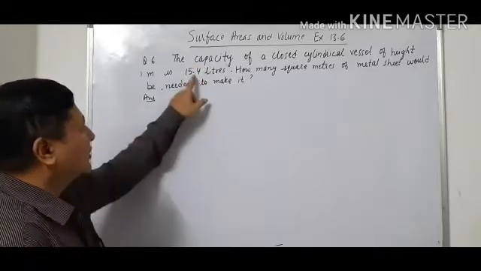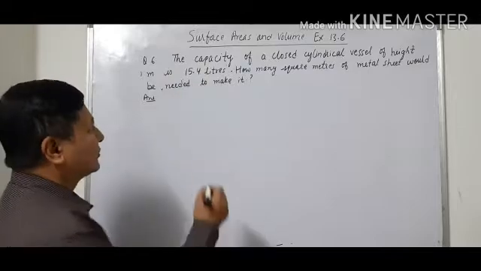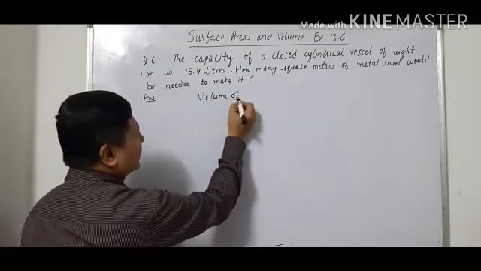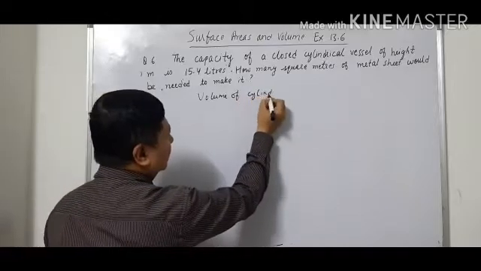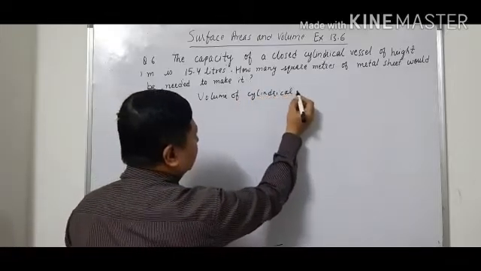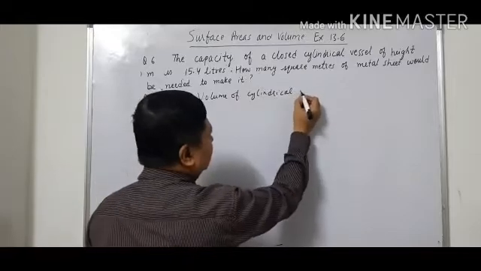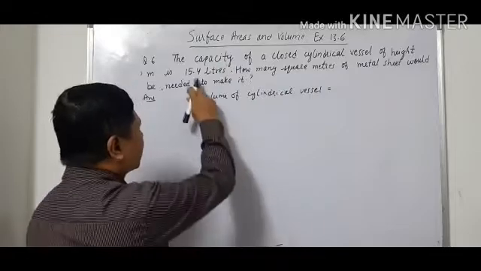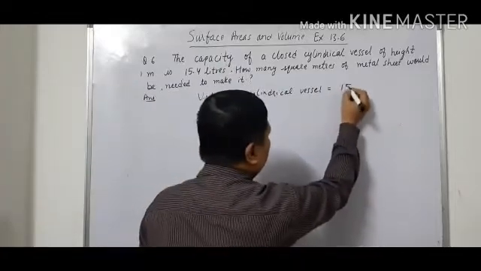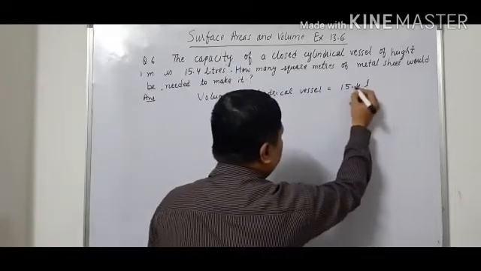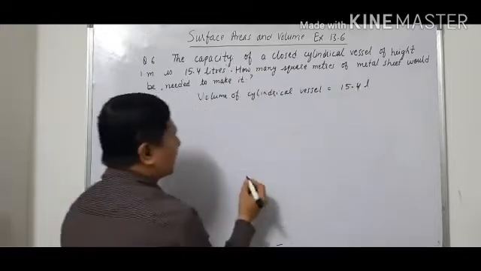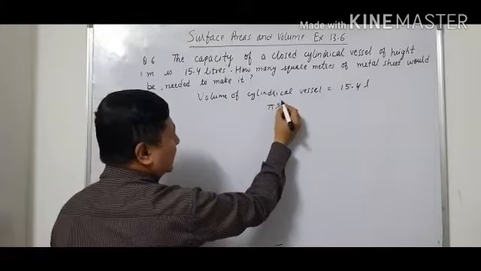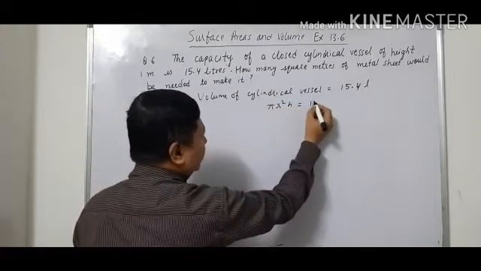So the volume of the cylindrical vessel is the same as the capacity, which is given as 15.4 liter.